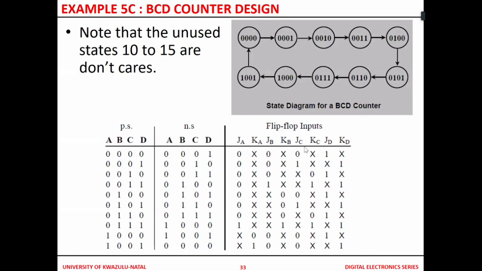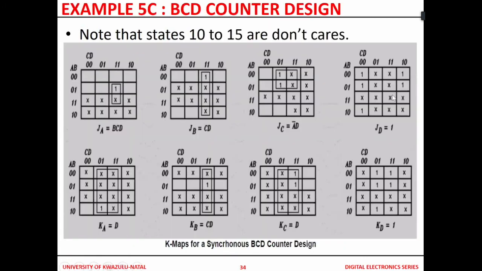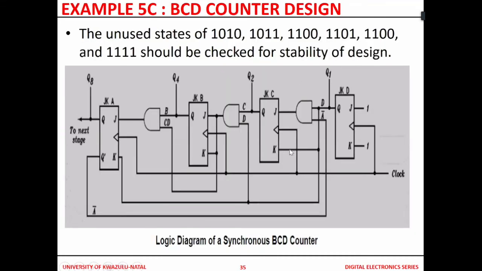You have your flip-flops. In this case, they are 4. Basic design is just laborious. You can't get such a long thing in the exam. So those are your maps. Same procedure. Using the don't cares, you will end up with that. Your counter will look like that. The procedure is the same. That is a BCD count.